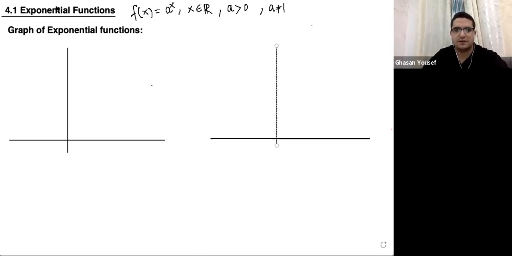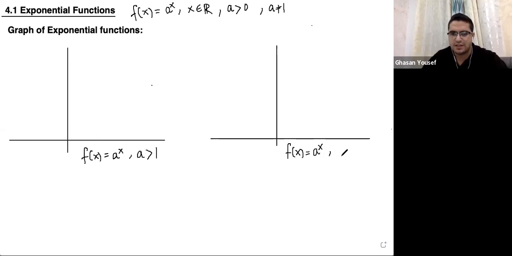This is the graph of the function f of x equal a to the power x, such that this a is greater than 1, and this function is f of x equal a to the power x, such that this a is between 0 and 1.